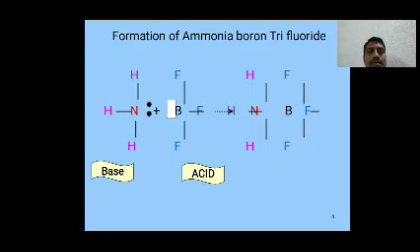The bond forms by the transfer of a pair of electrons from ammonia to boron trifluoride. Ammonia is the electron pair donor, the base, and boron trifluoride is the electron pair acceptor, the acid.